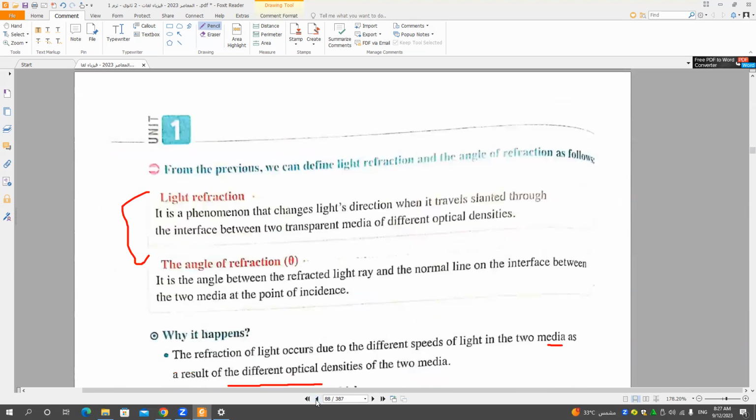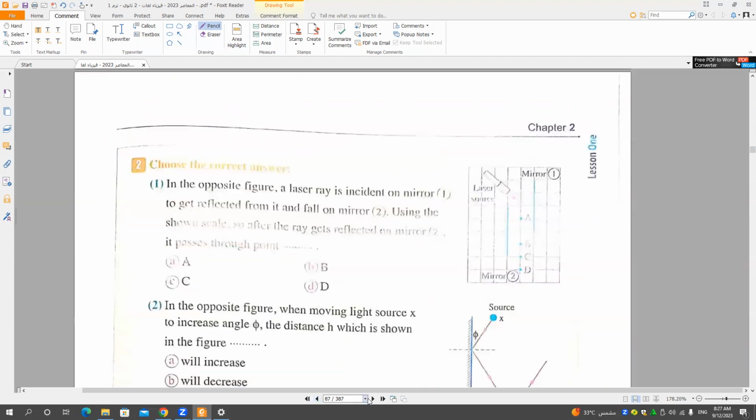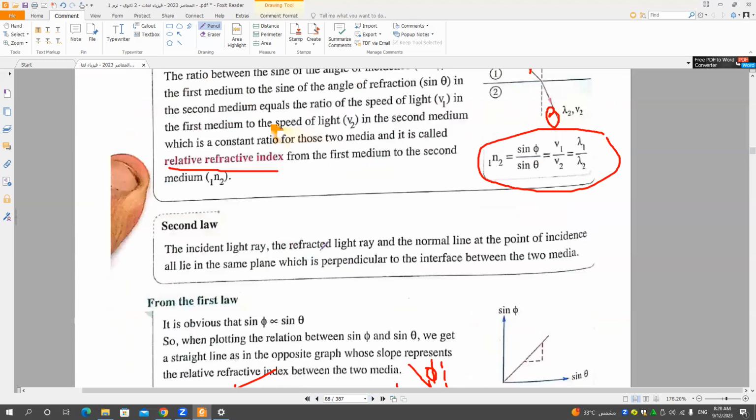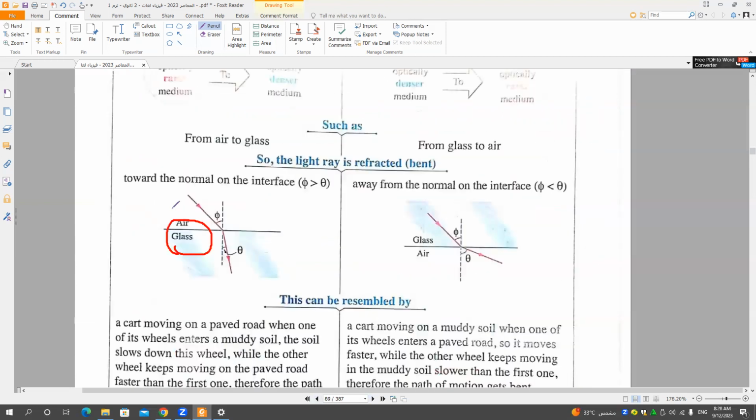In the last slide, we talked about the transfer of light from one medium to another, from air to glass. Which one has the greatest speed, V1 or V2? V1 is greater than V2. Wavelength 1, in air, is greater than wavelength 2.